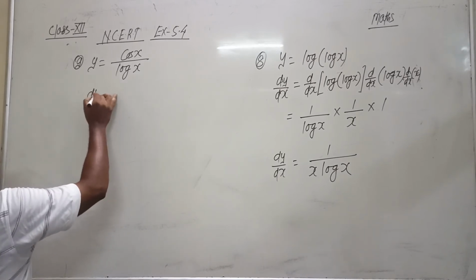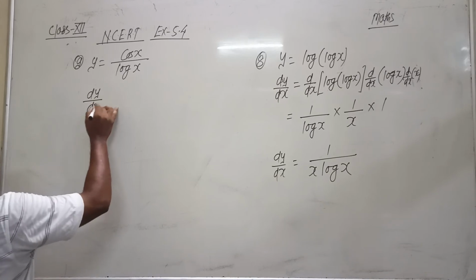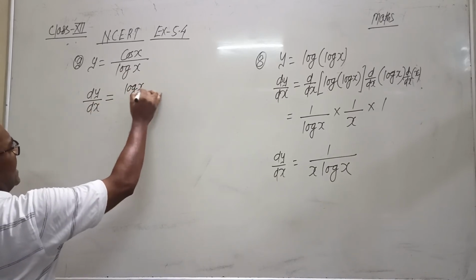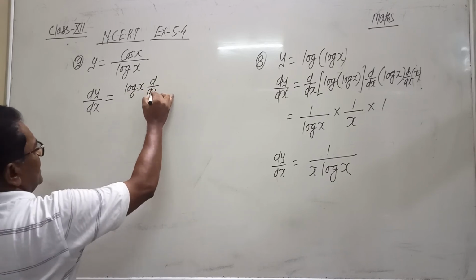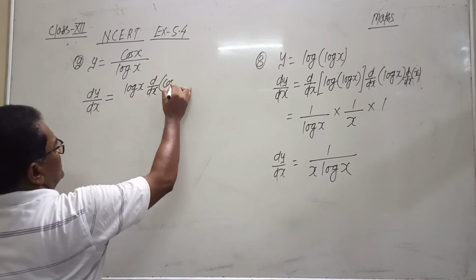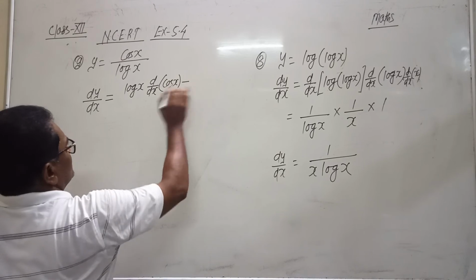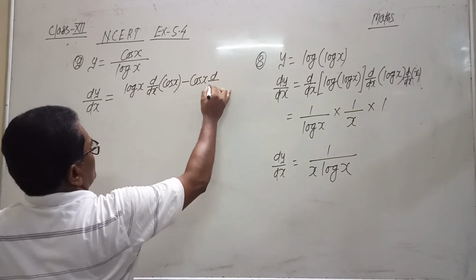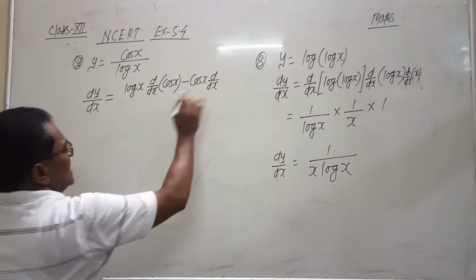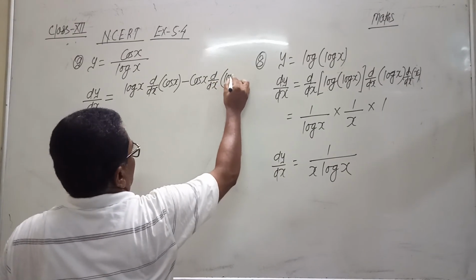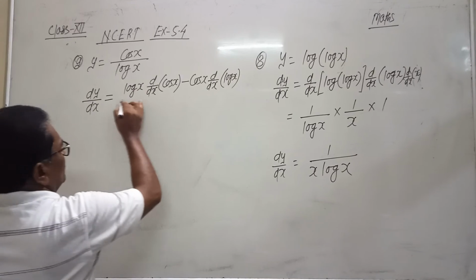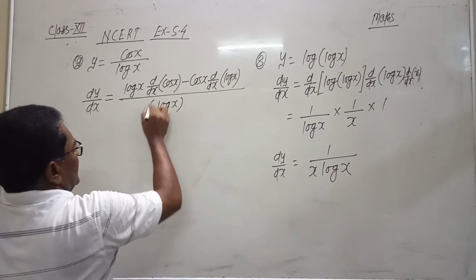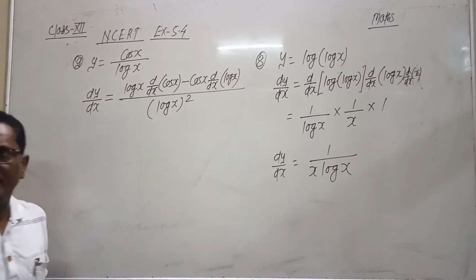So dy by dx equals v as it is, means log x as it is, and d by dx of u means d by dx of cos x, minus u as it is, means cos x as it is, and d by dx of v means d by dx of log x, upon v square. It means log x the whole square.